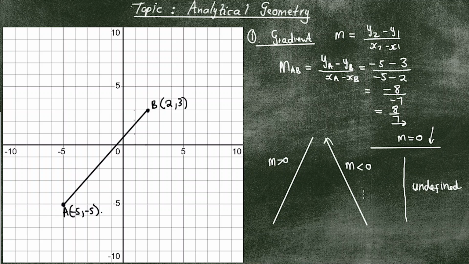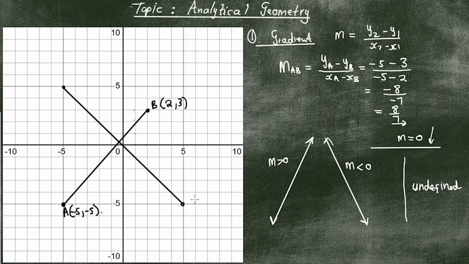If your line is falling like this, its gradient will be negative. If it's rising like this, its gradient will be positive. You know what? Just challenge yourself. Take maybe points such as this, take another point, and then connect the 2 points.